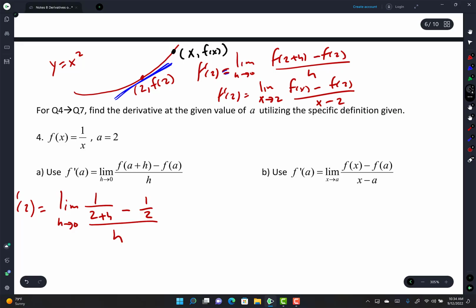See? If I erase the word limit, that's just a secant slope like this, right? But notice as x approaches 2, that black line starts blending into that blue line. Does that kind of make sense? So it's just 2 different alternate ways of getting your instantaneous rate of change.